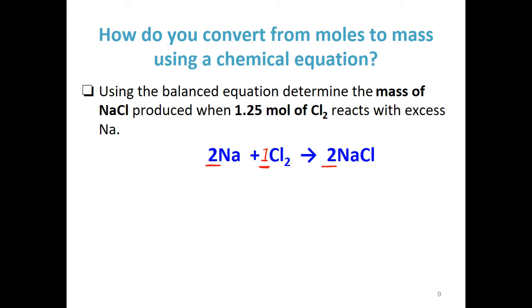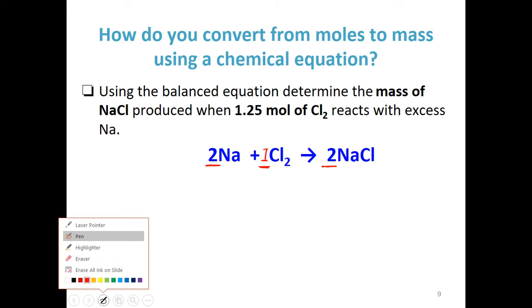Using the balanced equation, remember stoichiometry always requires a balanced equation, determine the mass of sodium chloride produced when 1.25 moles of chlorine reacts with excess sodium. The reason they say excess sodium is we don't really need to know how much sodium there is, it's just a lot, okay?